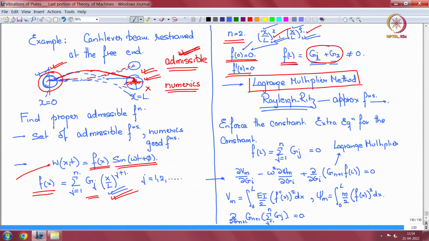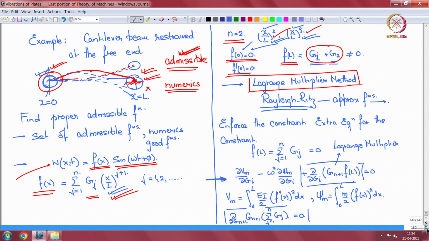The original equations are here with this augmented term, then you have the constraint equation differentiated with respect to g(n+1). g(n+1) is actually the Lagrange multiplier.